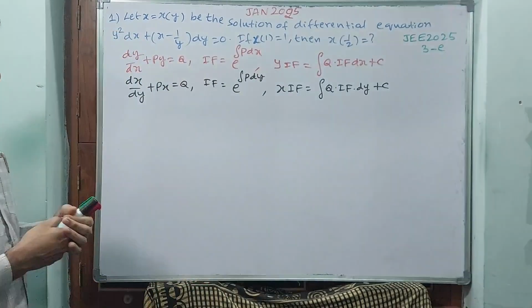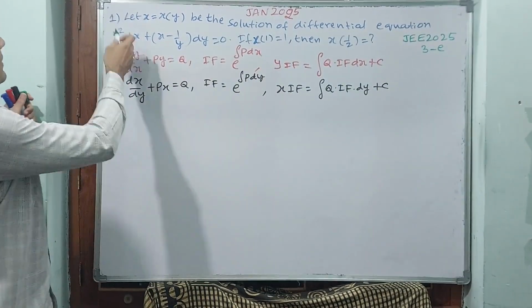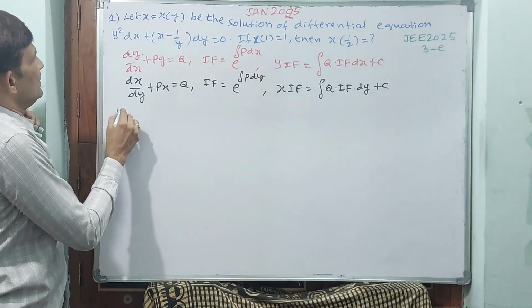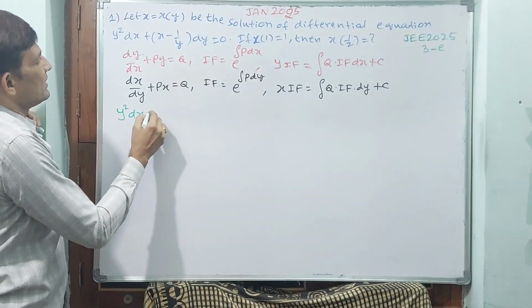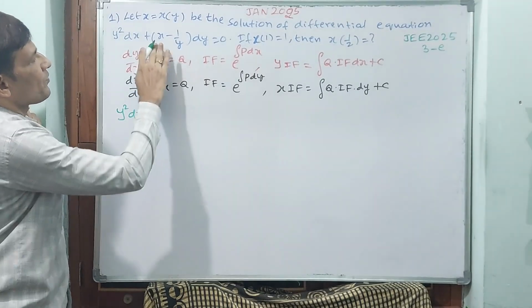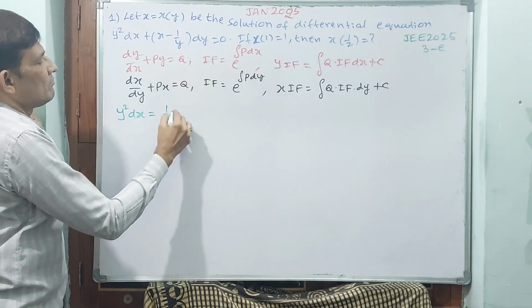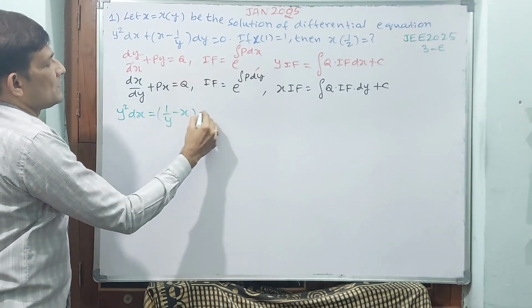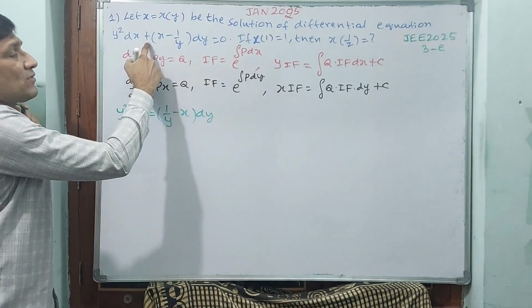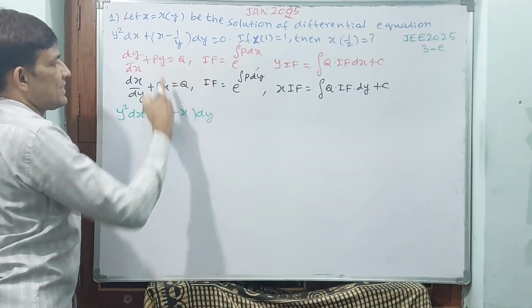Okay, let us try to solve this. Let me make this equation. See, y square dx is equal to, if you send that side, automatically 1 by y minus x is going to become. Okay, actually minus of, but that minus is going to make 1 by y as plus, x as minus.